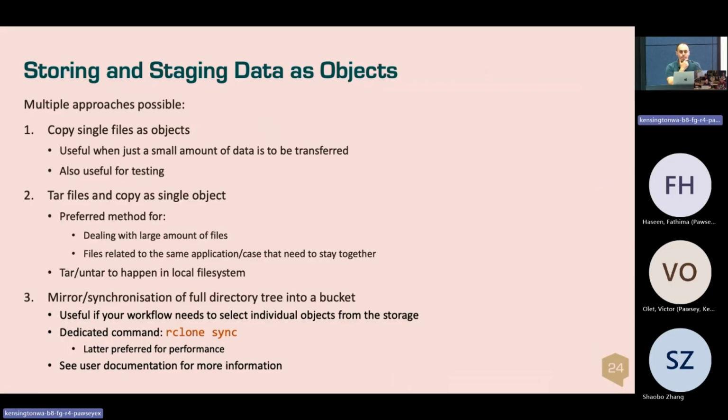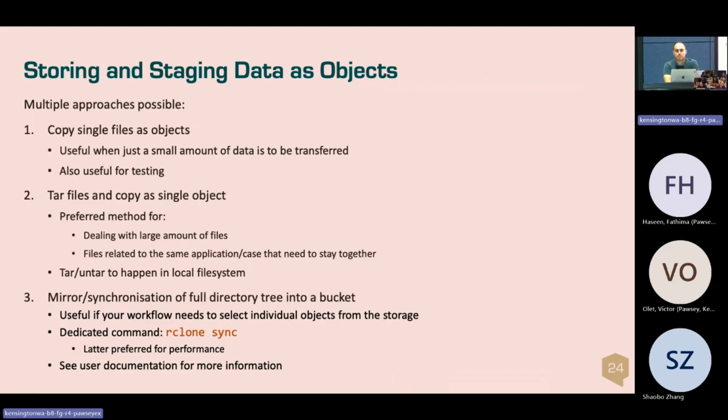Let's say you have a file in the hierarchy A, B, C. The directory A contains directory B, which contains directory C, which contains the file named file. The file name becomes A, special character, B, special character, C, special character, and then the file name. So you flatten the hierarchy and it's all contained in the file name.